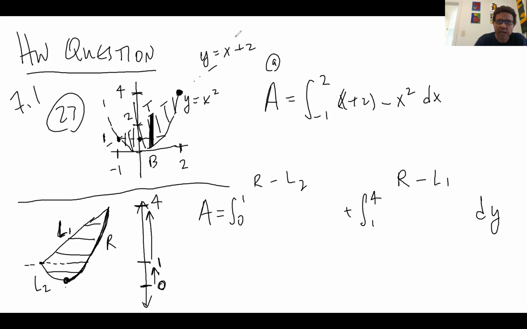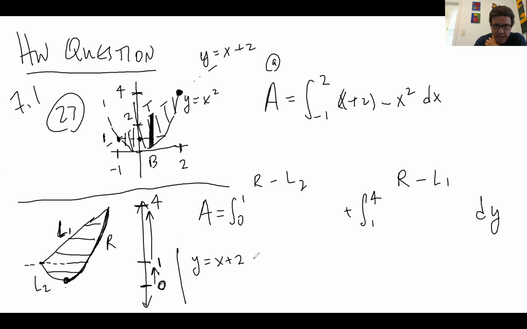Like, how do you take your curves and turn them into, well, I'll just do it like this. I have to take my curves. So I've got y equals x plus 2. That's the line on the top.